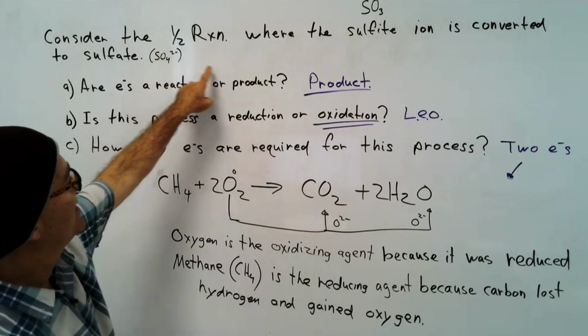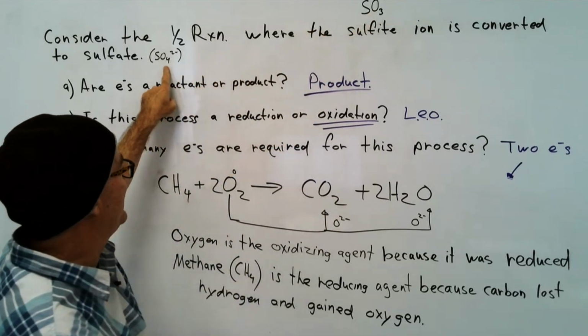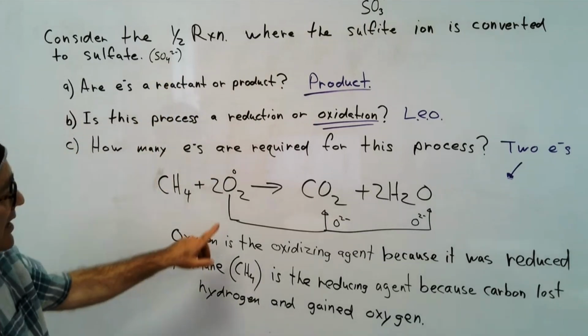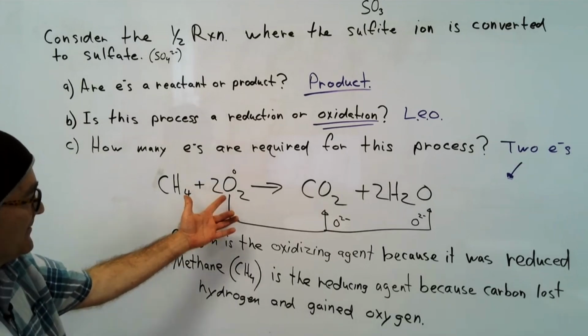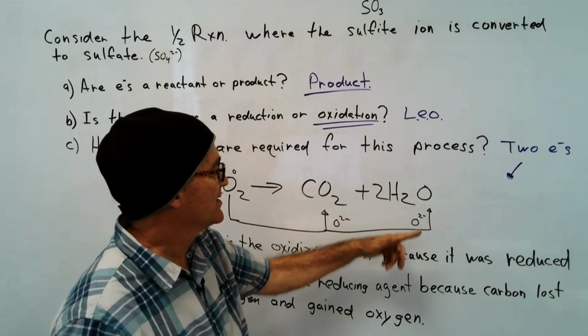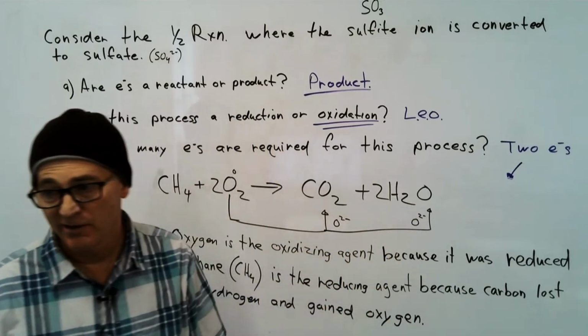Remember what we said up here? If I oxidize sulfite, I get sulfate because the oxygen content increases. I could also look at this here and say it's gained hydrogen, the inverse of this down here.